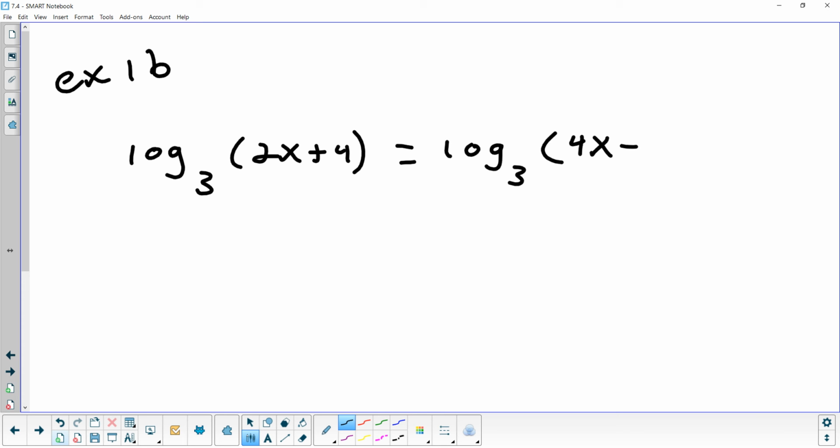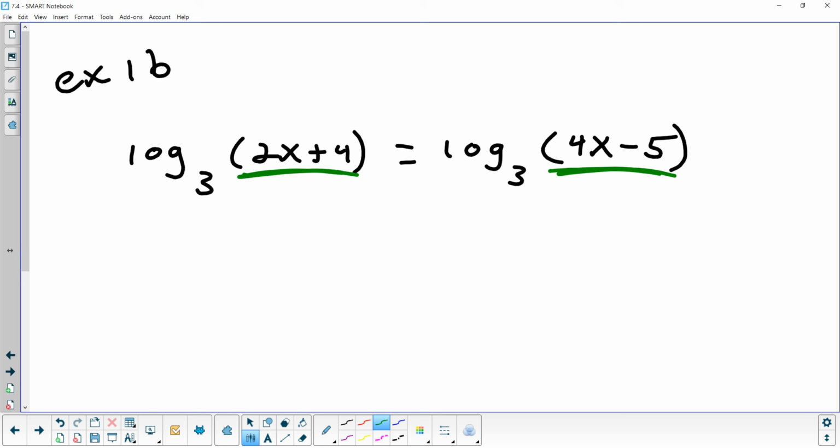Let's do 4x minus 5. So what already matches here? The base, right? The log base 3 matches the log base 3, so we don't have to worry about that. What we need to match is that and that.